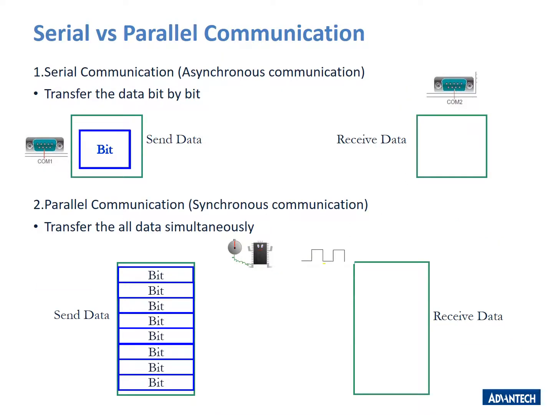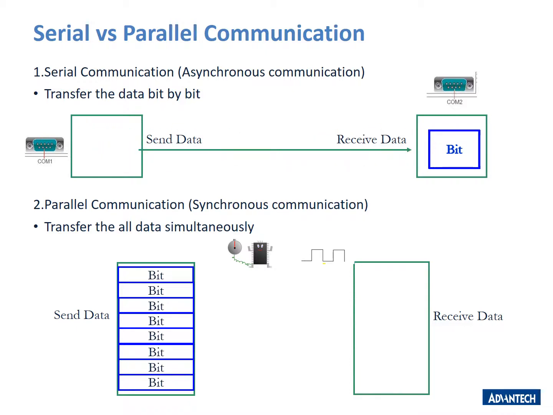What is the difference between serial communication and parallel communication? To transmit the data, either serial or parallel communication can be used. In serial communication, or asynchronous communication, the user can start to send data at any time based on their application need. The application doesn't need a clock signal to send data, and it could support long range data transfer.